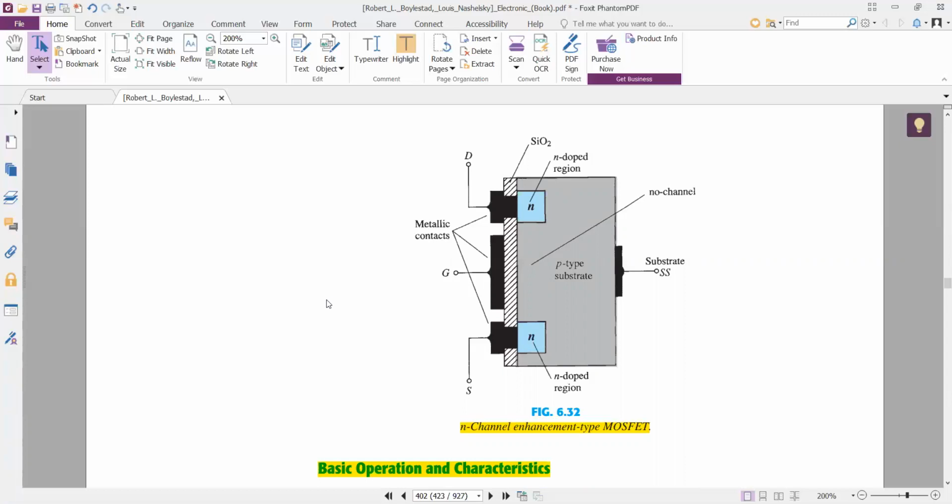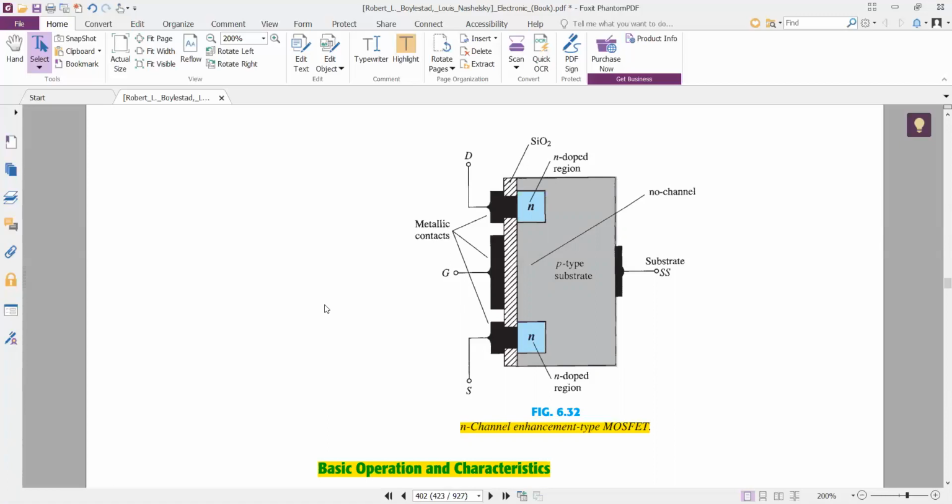So when we increase the voltage between drain to source, the attraction forces increase, and more and more majority carriers are attracted by the drain in case of N-channel depletion type MOSFET.